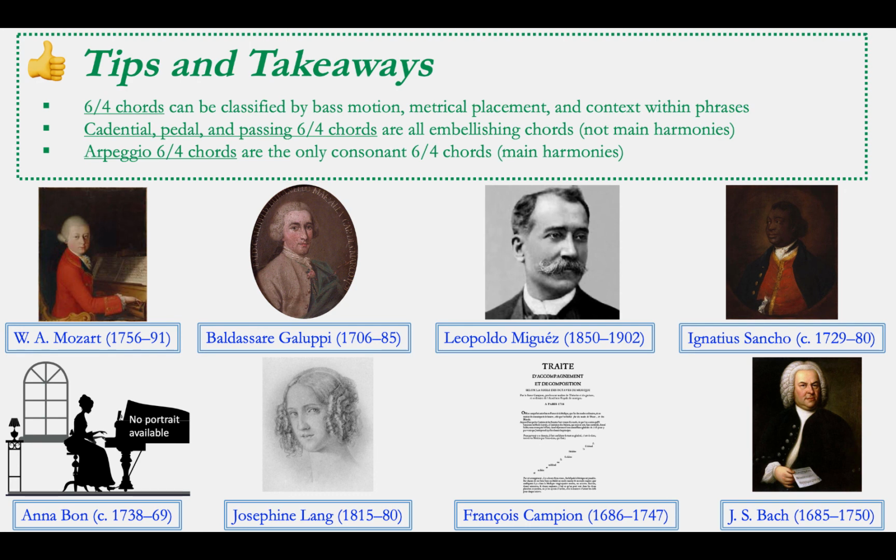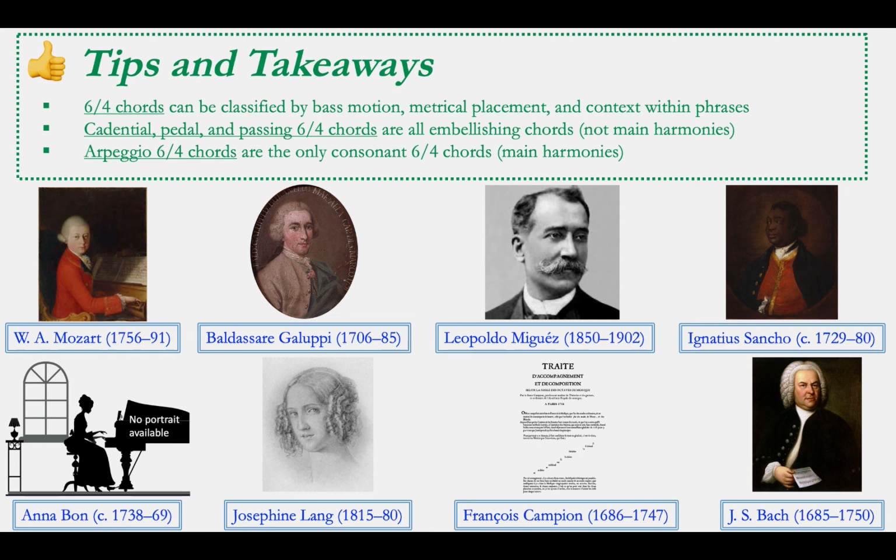Whereas arpeggio 6/4 chords are consonant chords. They are the main harmony. What I mean by that is when I have an arpeggio 6/4 chord, G, C, E, that really does express C major as a main harmony. Whereas if I have a cadential 6/4 chord with the same notes, G, C, E, in that case, that's a G major harmony.